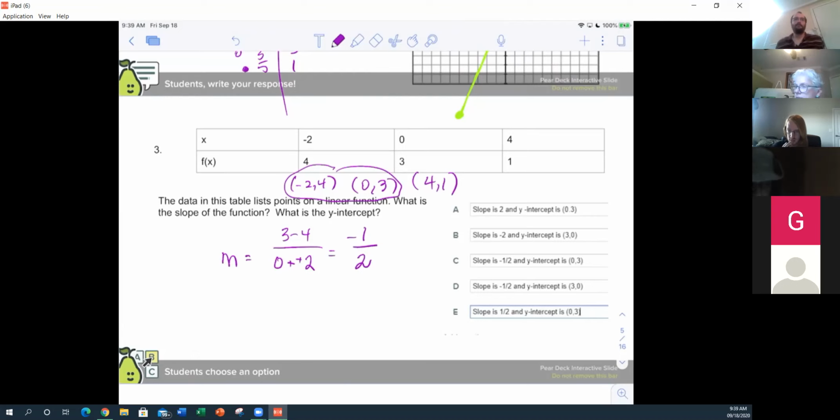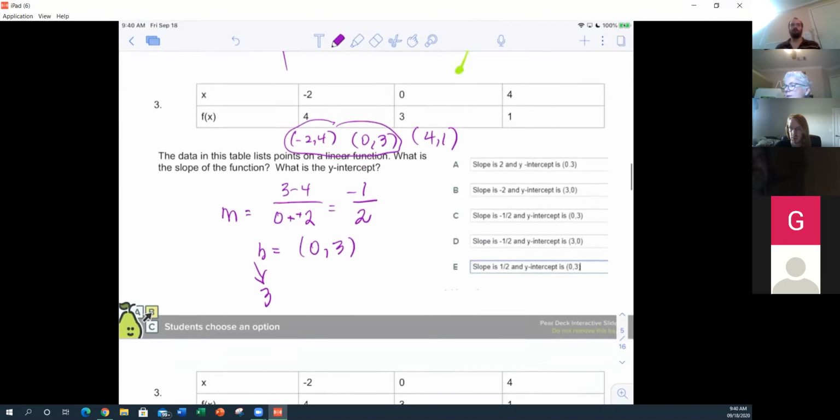And what's the y-intercept? 3. It's going to be 0, 3. So the y-intercept is 0, 3. B equals 3. That's the point.